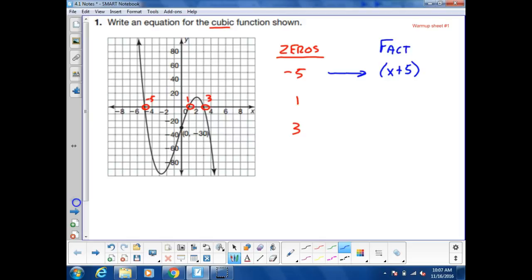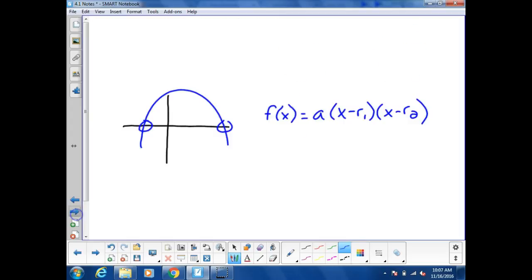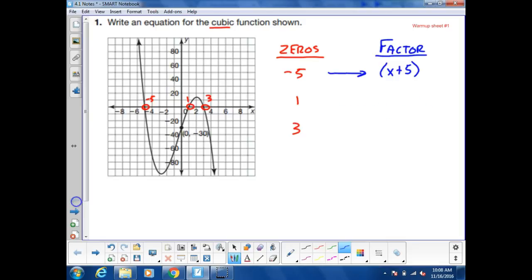Why are factors important? Over here, we had 2 factors, x minus r sub 1 and x minus r sub 2. Why were those 2 factors important? They find us the x-intercepts, they find us the zeros, but they also give us the function, okay?